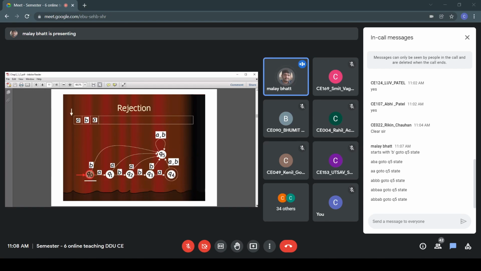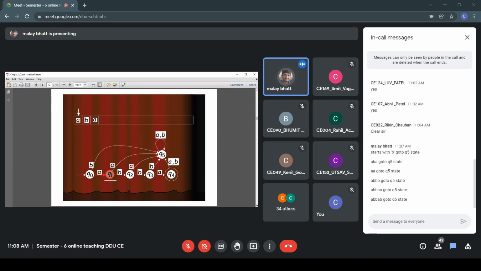Now similar to that, let us take another example. There is one more example which has the pattern ABA. We'll start with Q0, the null state, the initial position. When we encounter the first symbol A, from Q0 on input A, we'll go to the Q1 state.